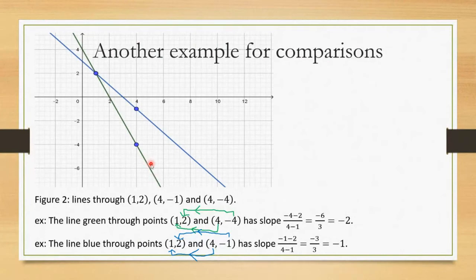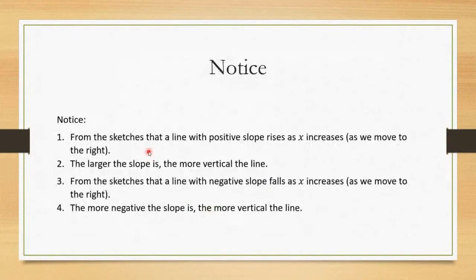So just to summarize the stuff we noticed on this slide: a line with a positive slope is going to rise as your x, your independent variable, increases as you move to the right. Positive slope, the line's rising. The larger the slope is, the more vertical the line is.